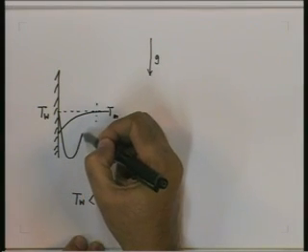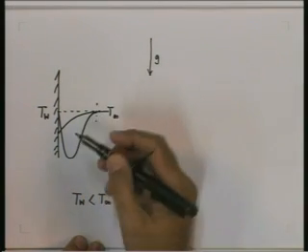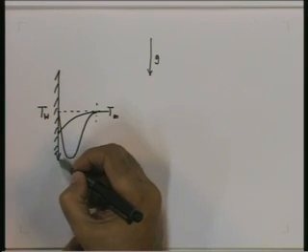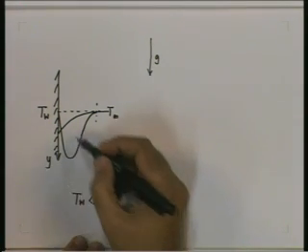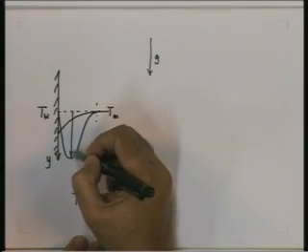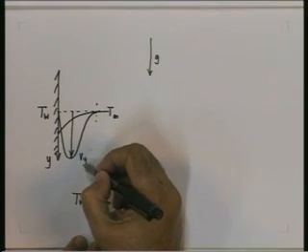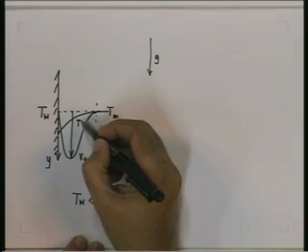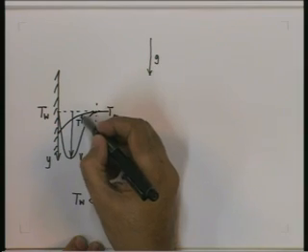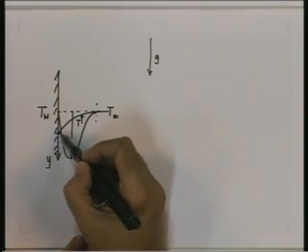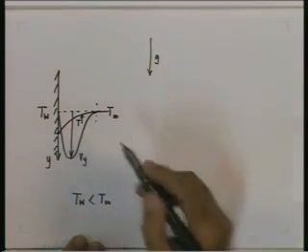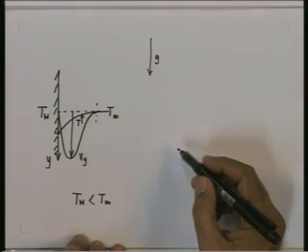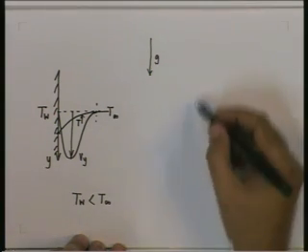So we will have a velocity profile like this. If you call the y axis downwards, then Vy will be positive downwards, and this is the temperature profile, which will start from the wall temperature near the wall and increase to T infinity in the free stream.